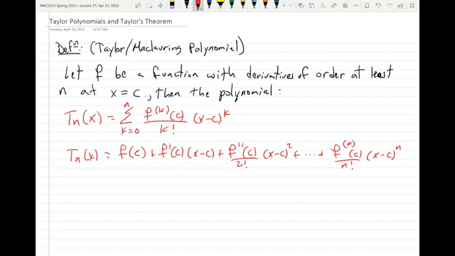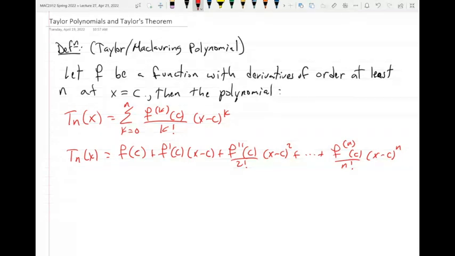So notice that this is a polynomial of degree n. So that's why we write Tn here. This is a polynomial, not a series, it's a polynomial. Moreover, how many terms does it have? N plus 1. Because this is the constant term. Remember, start counting at 0. 0, 1, 2, 3, all the way up to n, there are n plus 1 terms.